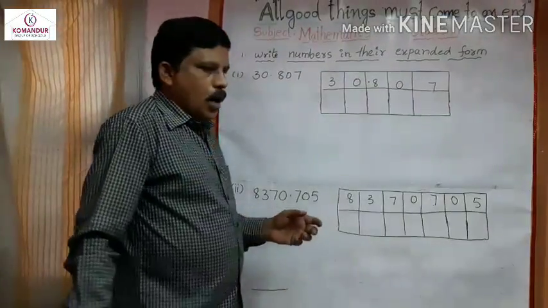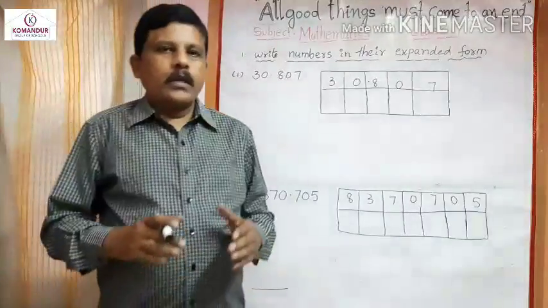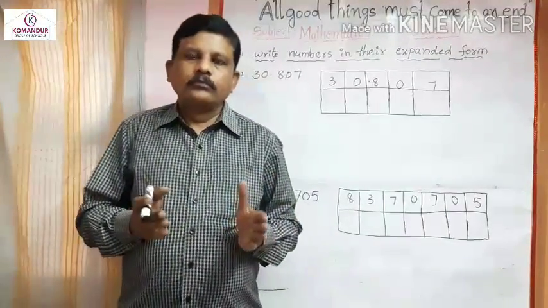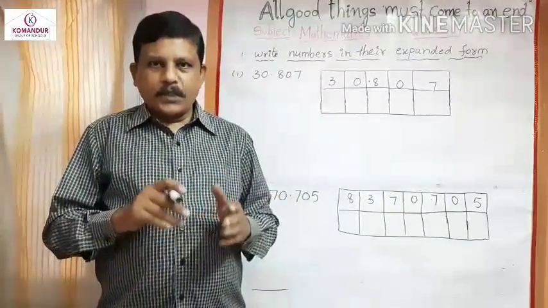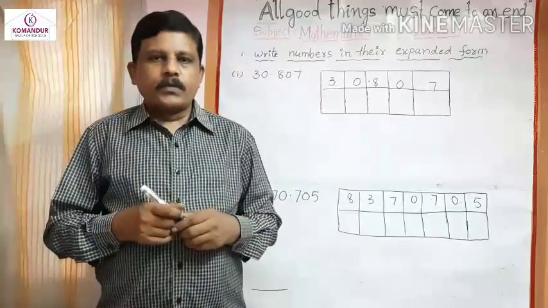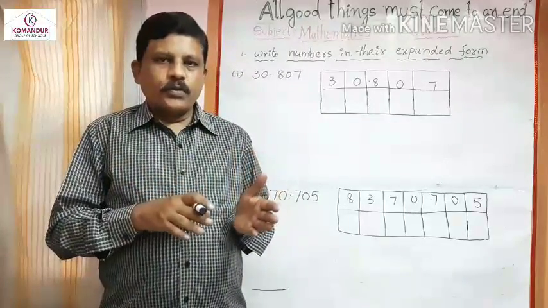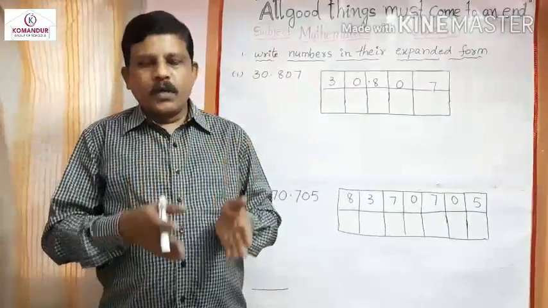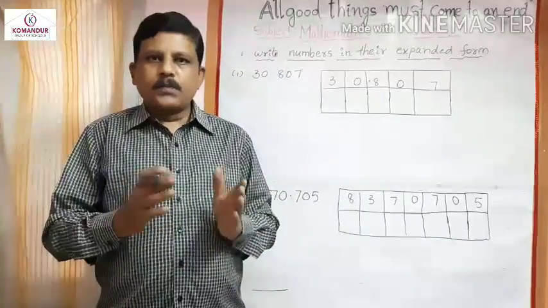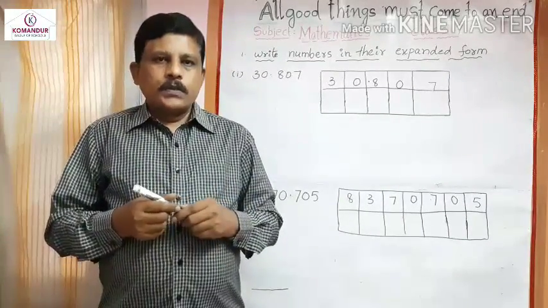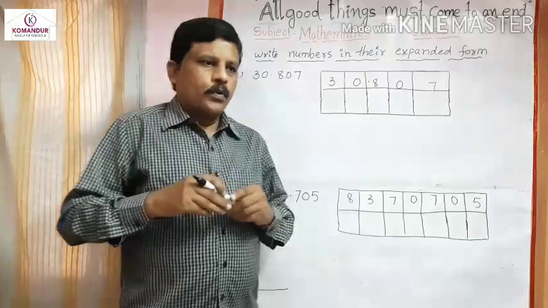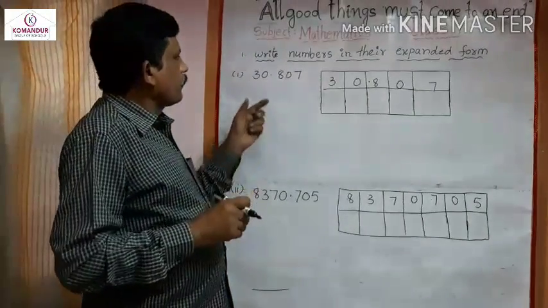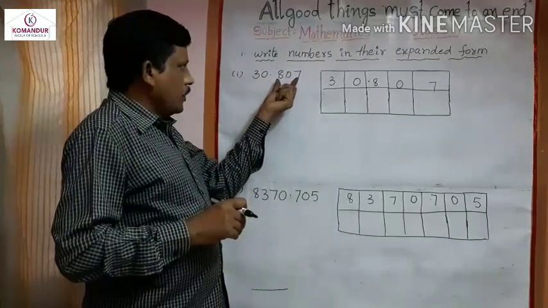How do we expand decimal numbers? That is the expanded form of decimal numbers. We know place values, so according to place values we will expand them. For example, the question is 30.807.